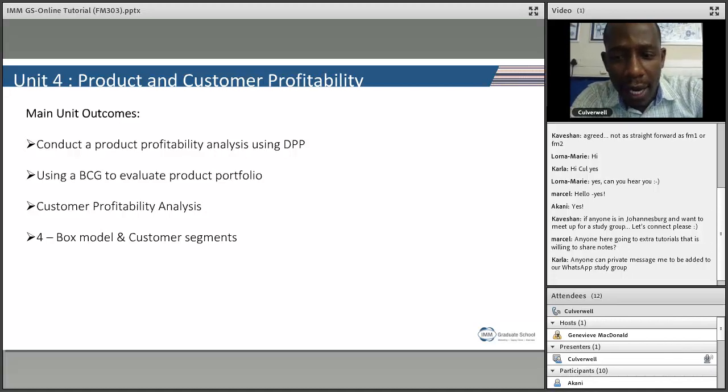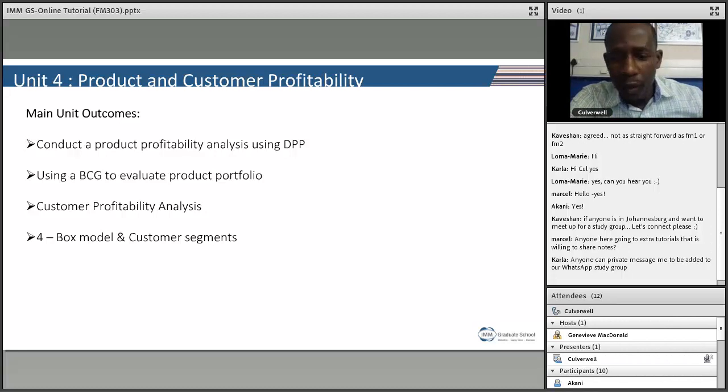In the learner guide, there's direct stipulation of the strategies. Examples are the hold strategy and the harvest strategy. By harvest, it means you would continue selling that specific product and make as much money as one can. Divest strategy means you sell off or discontinue a specific product.